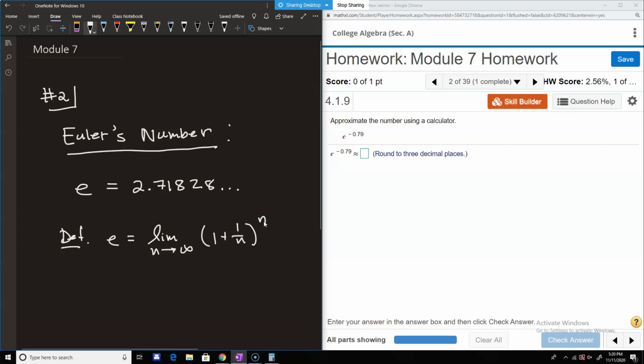That's kind of a weird thing to think about, because inside the parentheses, the quantity is getting smaller and smaller, and then it's being raised to a larger and larger value, right? You can start just by looking at what this pattern would approach as n got bigger and bigger. If n were 1, what would we get? 1 plus 1, raised to the first power, so we would get 2.